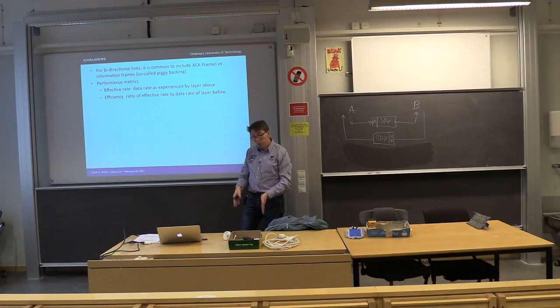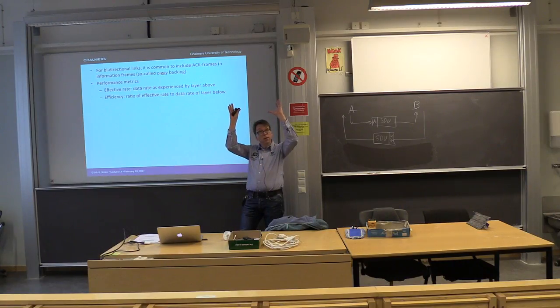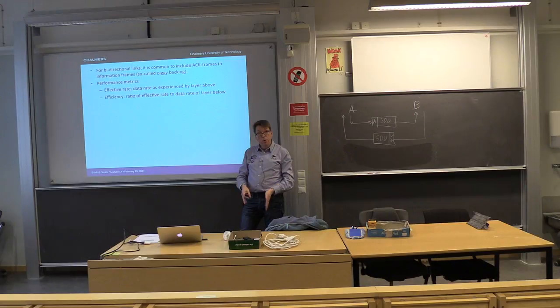So we have a data rate below us, and a data rate that we deliver to the layer above us. And obviously, the data rate cannot be more than what we have below us, right? Because it's the layer below us that actually does the transmission. So there will be a loss, typically, and we want to make that loss small. Or the other way around, we want to be efficient so that the loss is small.